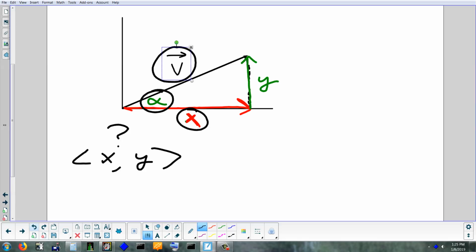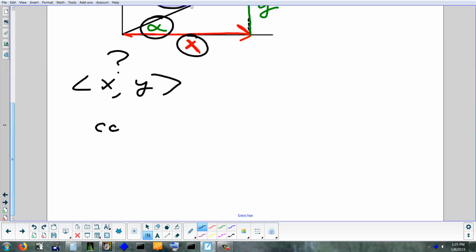Is it opposite or hypotenuse? Hypotenuse. So I'm trying to find a trig function that involves adjacent and hypotenuse. And that's how I'm going to represent x. What trig function involves adjacent and hypotenuse? Cosine.